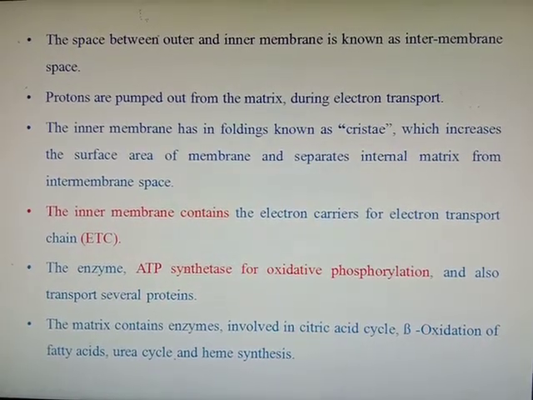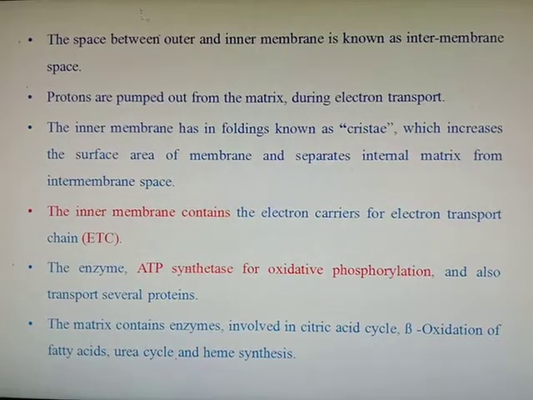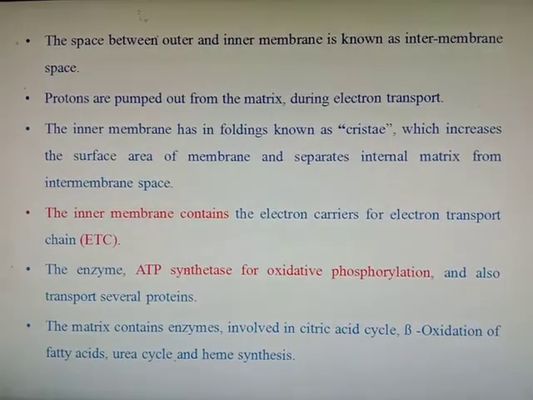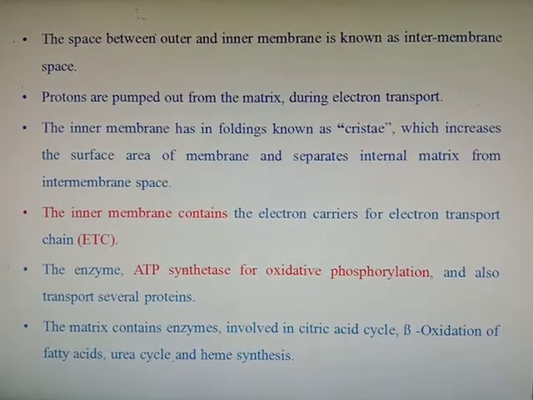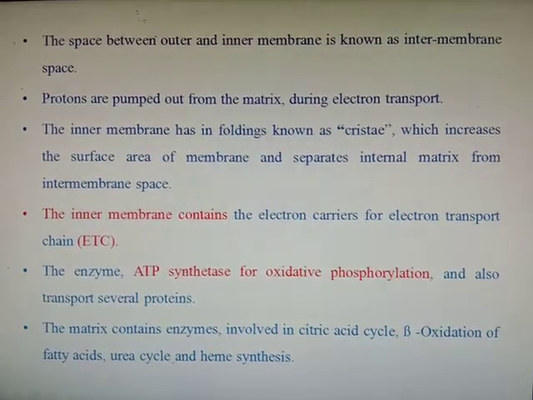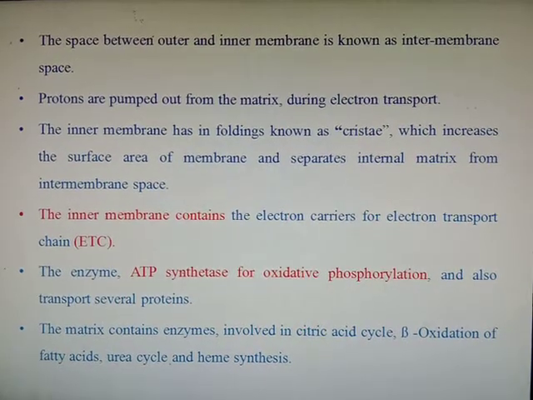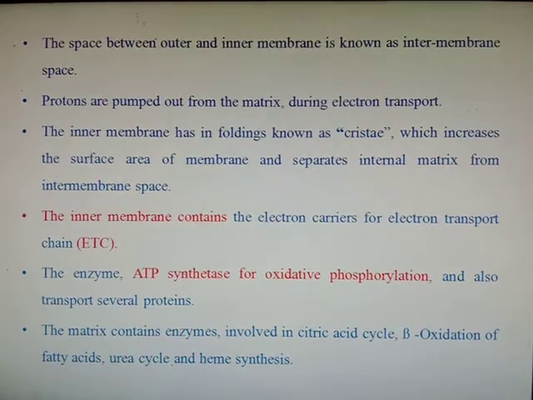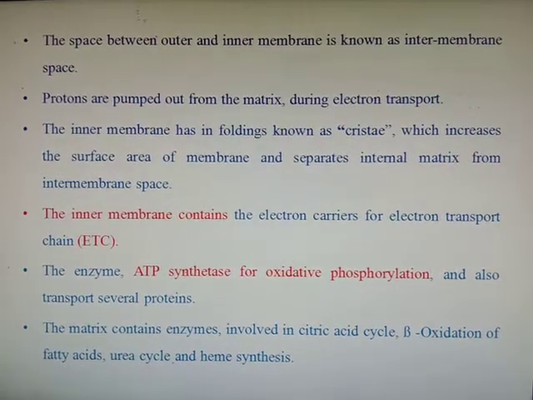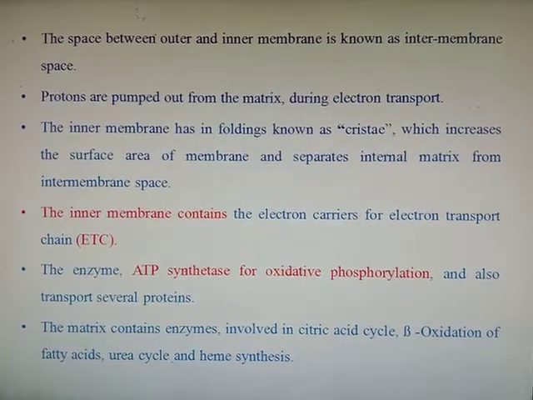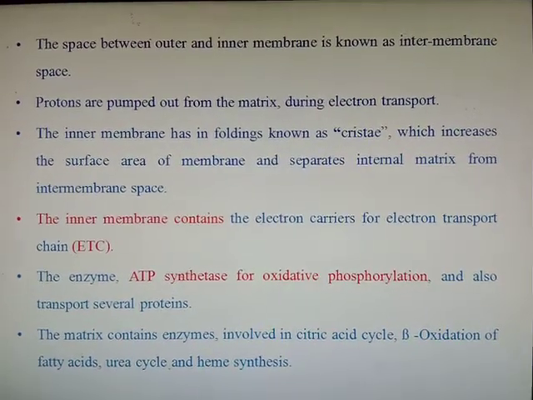Enzymes like ATP synthase for oxidative phosphorylation are also present, along with several transport proteins. The matrix contains enzymes involved in the citric acid cycle, beta oxidation of fatty acids, the urea cycle and heme synthesis.